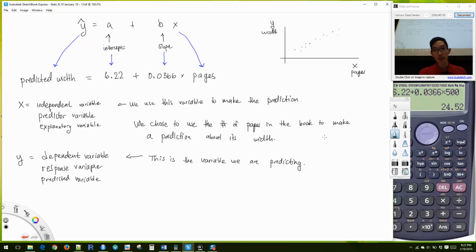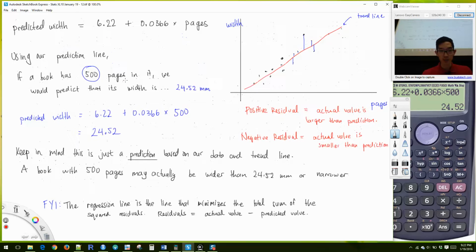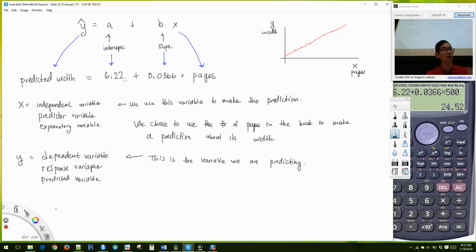The prediction line is also sometimes called the mean line. We plugged in 500 pages and we got something like 24.52. Of course, when we actually get a book that's 500 pages, it will not necessarily be 24.52.